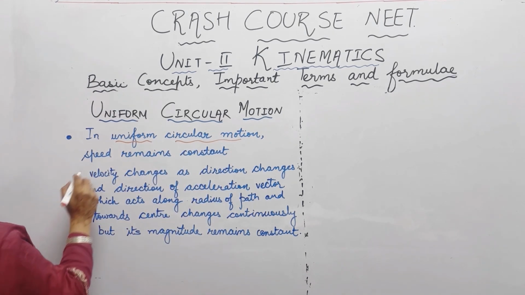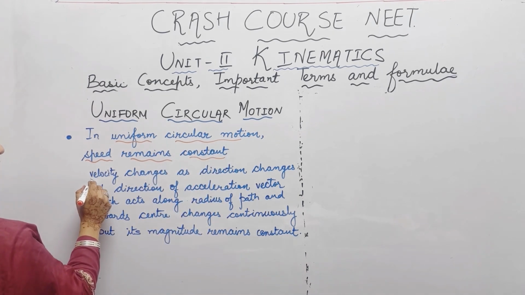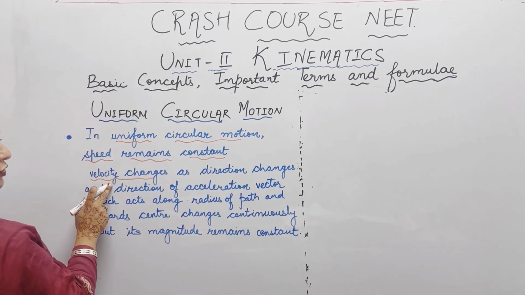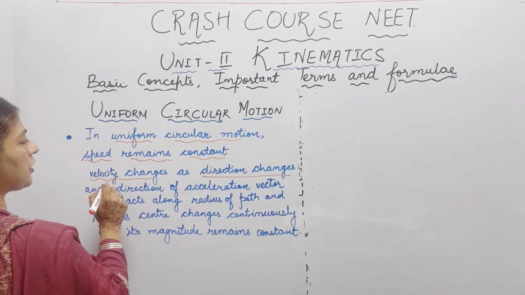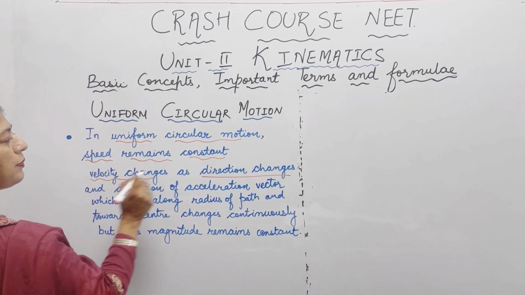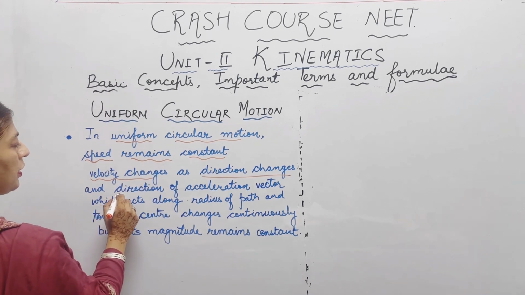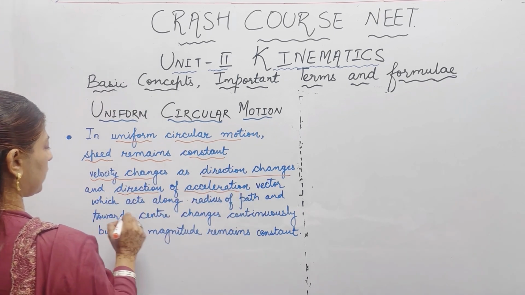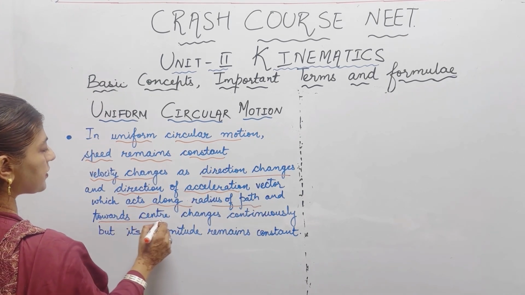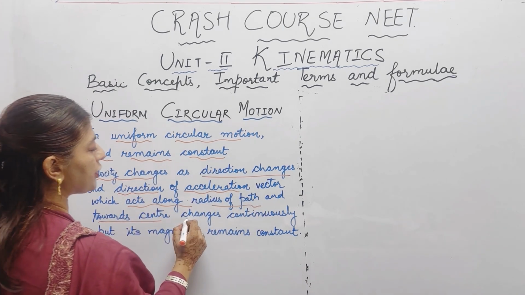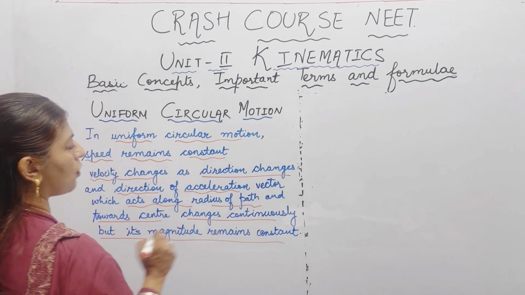It is important to note that in uniform circular motion, we will talk about speed, velocity and acceleration. Speed remains constant. Velocity changes. Its magnitude remains constant, but its direction changes. Velocity change is only because of the change in direction. And about acceleration, the direction of acceleration acts along the radius of the path towards the center, and it changes continuously, but its magnitude remains constant.